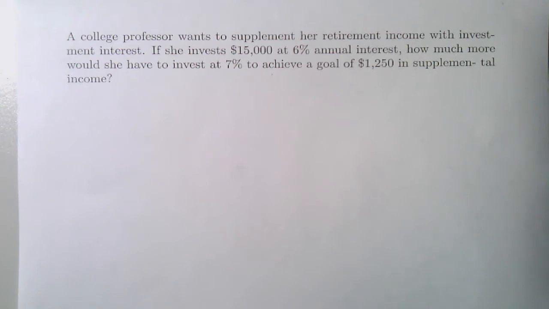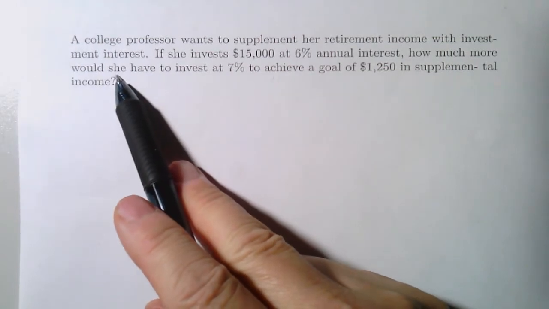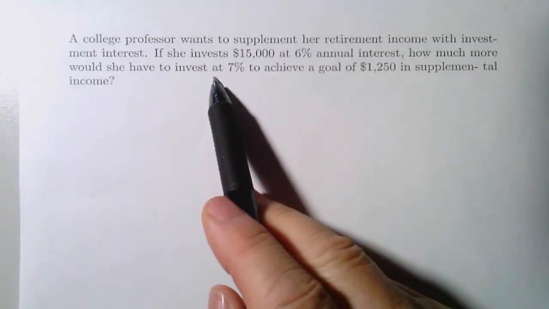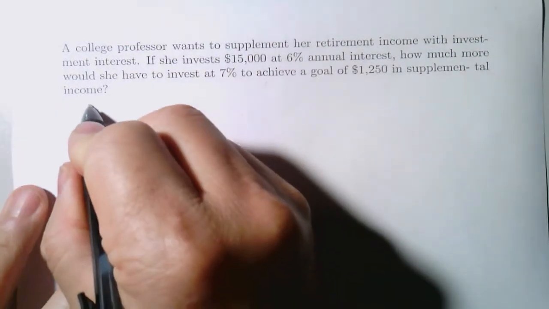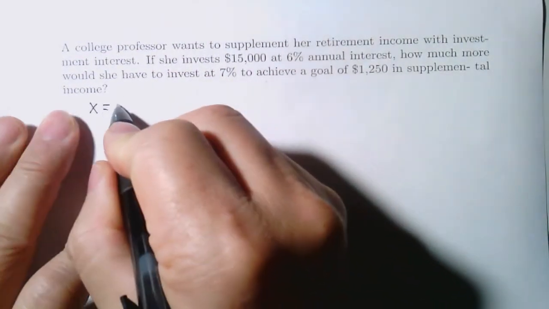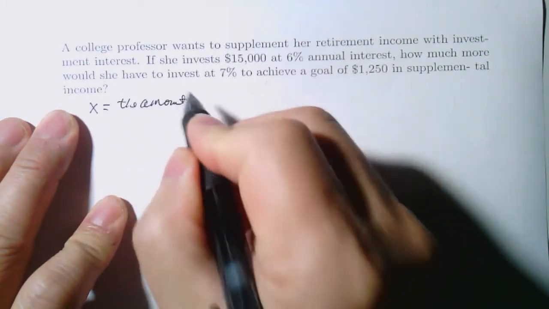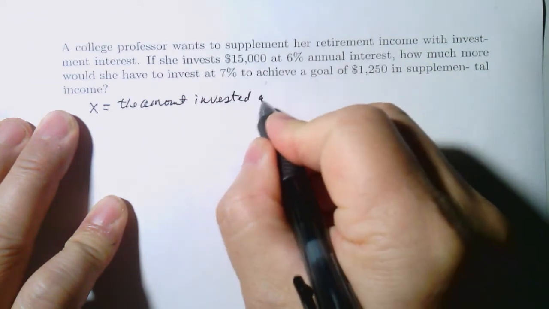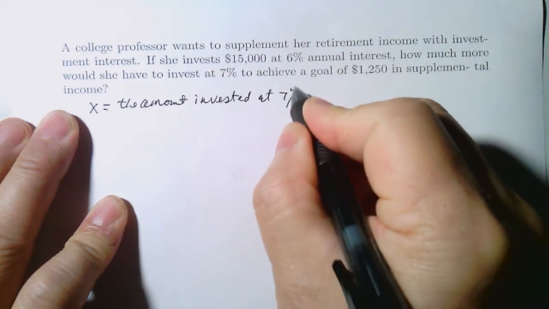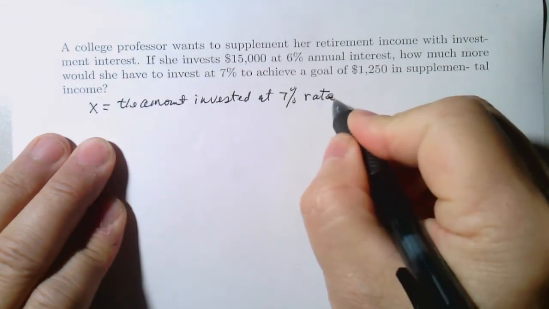Here it says, how much would she have to invest? So we're going to say x is the amount invested at the 7% interest rate.